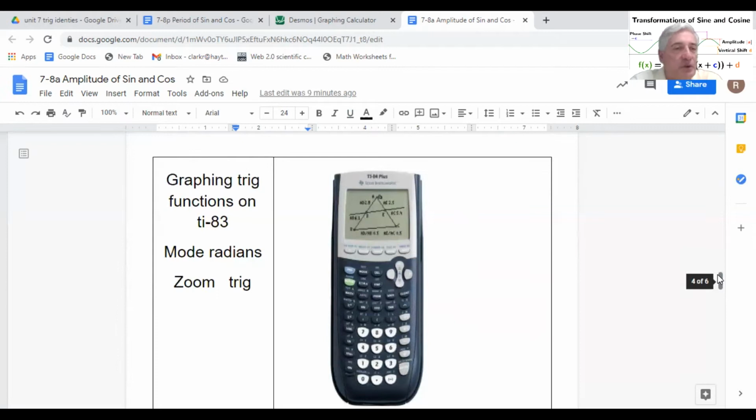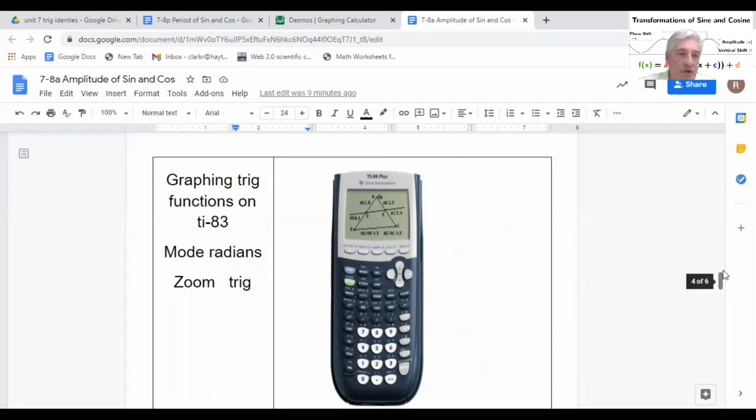Why am I looking for 6.2? Yes, because it's 2 times pi. 3.14 times 2 is about 6.2, and negative 2 pi would be about negative 6.2. So the graph I'm looking at is going to be happening between 6.2 and -6.2. And the graph for trig goes up to about 10.